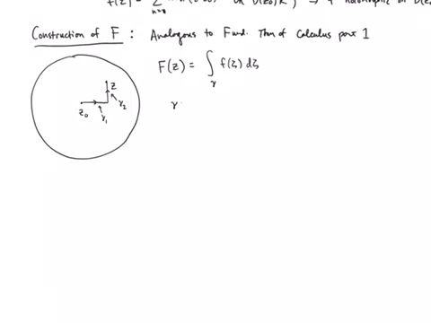So gamma equals gamma 1 plus gamma 2 as pictured.